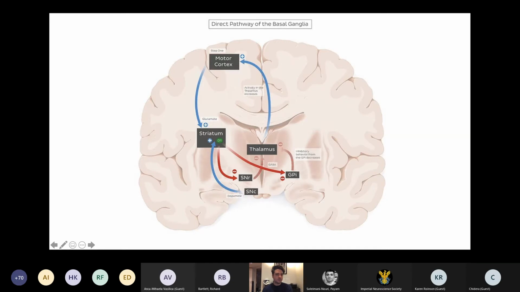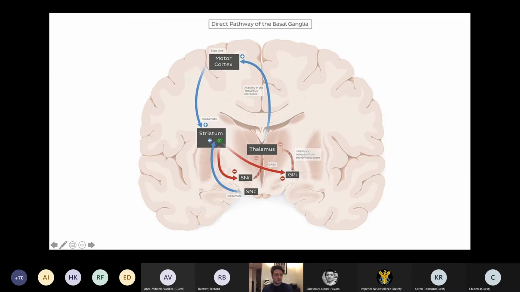The striatum's natural mode is to be an inhibitor, so it naturally inhibits the GPI through GABA being released. The GPI's natural action is to inhibit the thalamus. So you get a disinhibition, an excitation which causes inhibition of the GPI, which would naturally inhibit the thalamus, and that lets us have a movement.